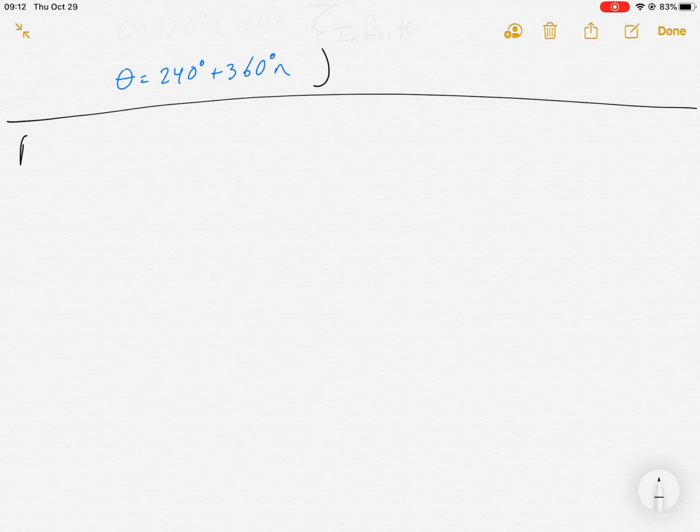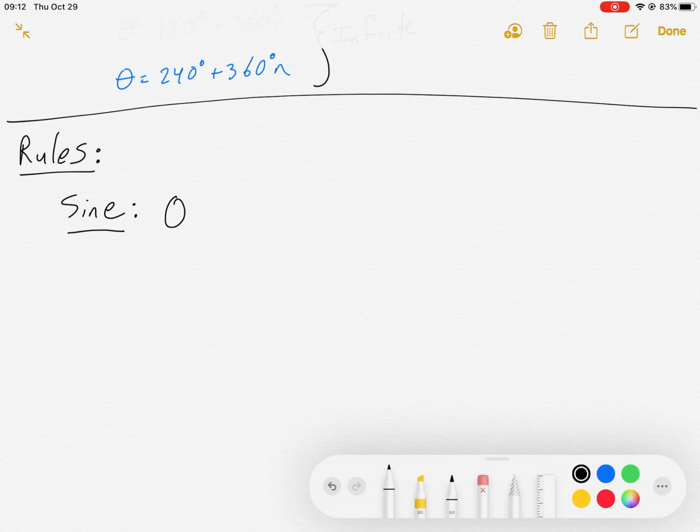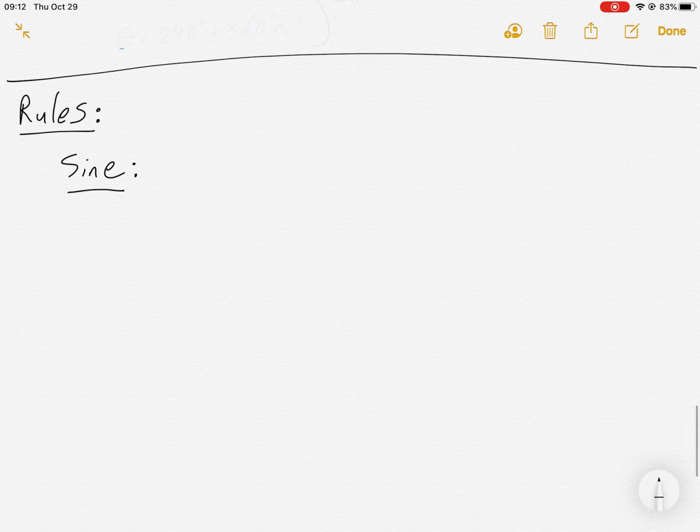So what we can say is, for sine, if you were solving for theta, the answer is whatever theta you get, and also its supplement.